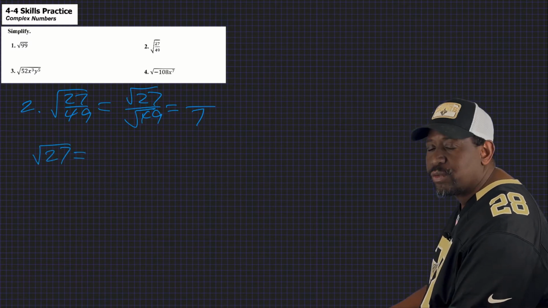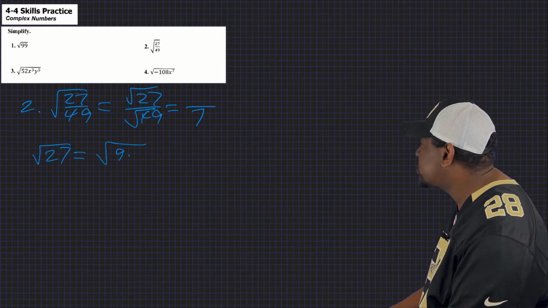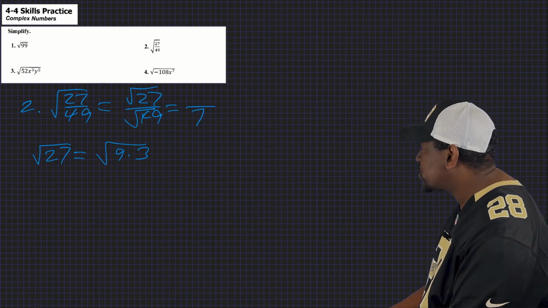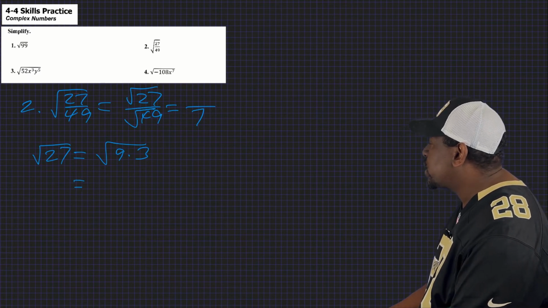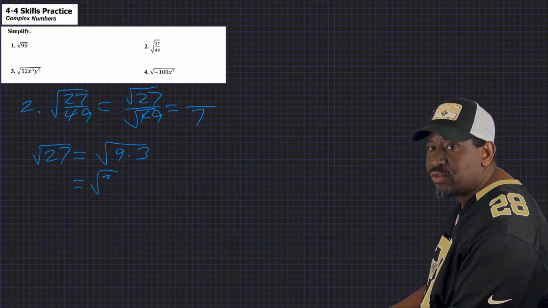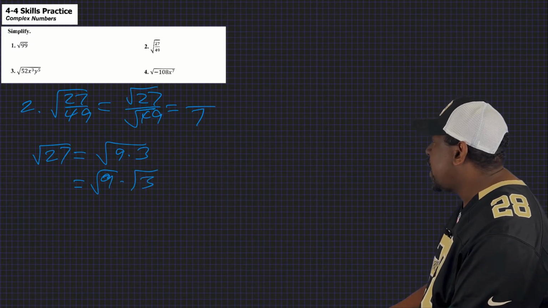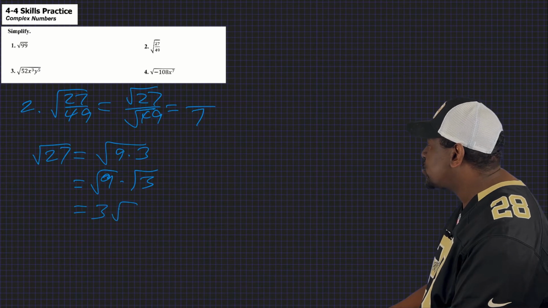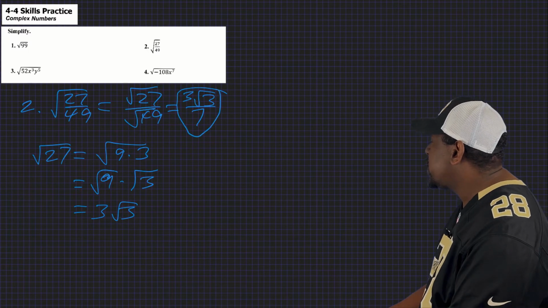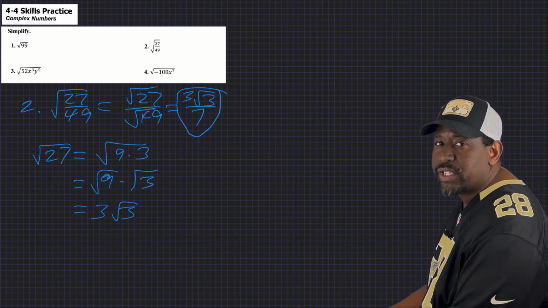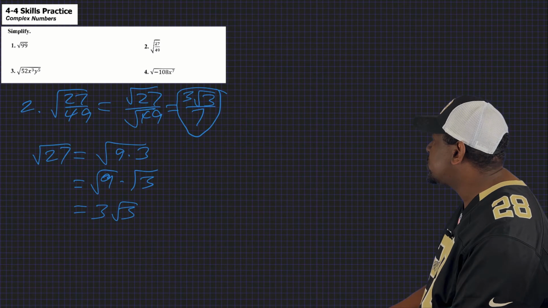That's not a perfect square, so we have to break it into two factors, one of which is a perfect square, which is 9. So we break this into the square root of 9 times 3. We take the square root of each separate factor, 9 and 3. Since the square root of 9 is 3, we simplify that as 3 times the square root of 3. We put it back into the problem, and so the final answer will be 3 times the square root of 3 over 7.